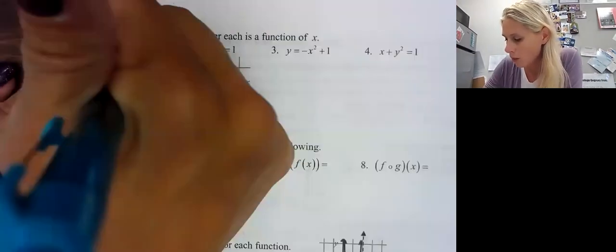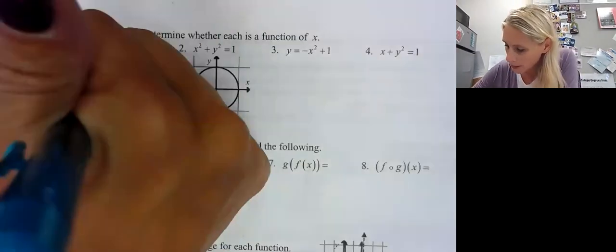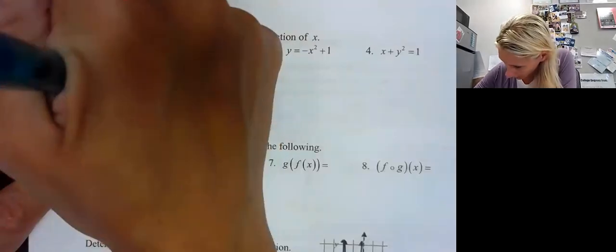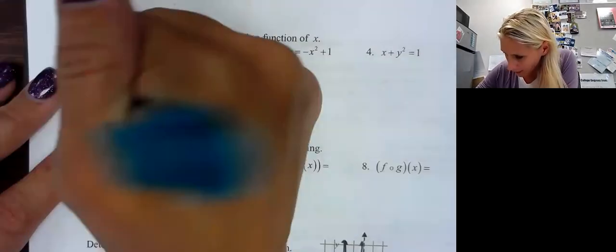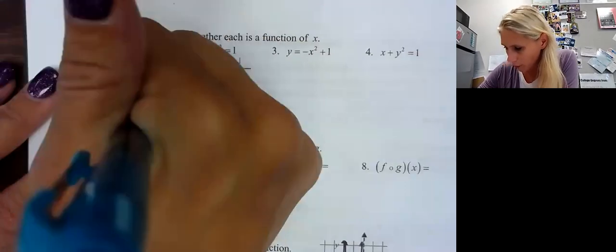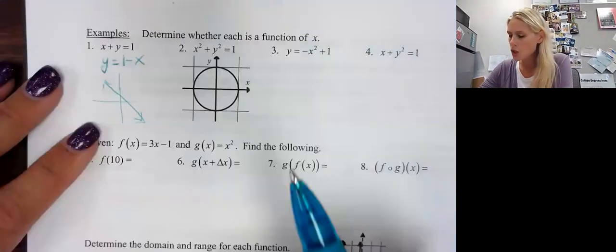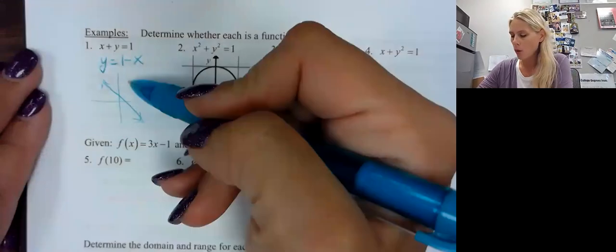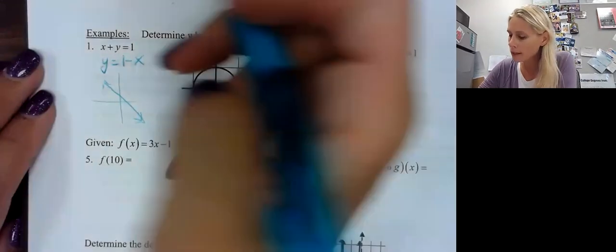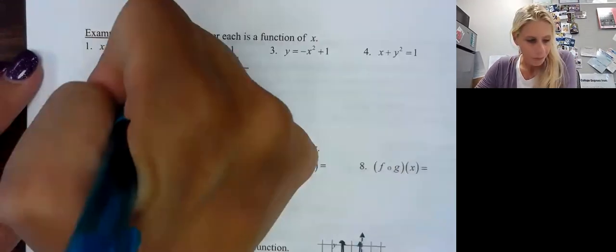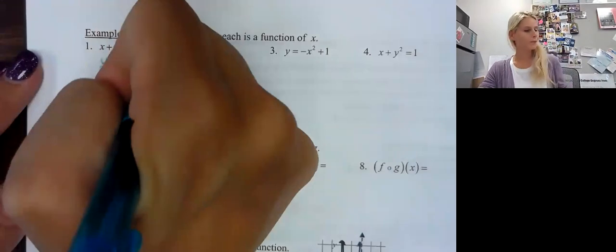So we know that this is a line, goes something like this. And of course, if we did that vertical line test, we only pass through the graph once. So yes, it is a function.